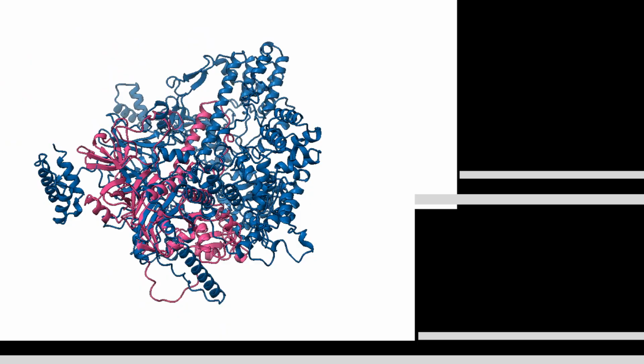That's something to remember to a degree: just because a sequence looks the same as another sequence doesn't necessarily mean that they look the same in 3D space. And you can't compare function based on sequence. It's better to compare function based on structure, because if something looks the same as something else, it's likely it performs the same.